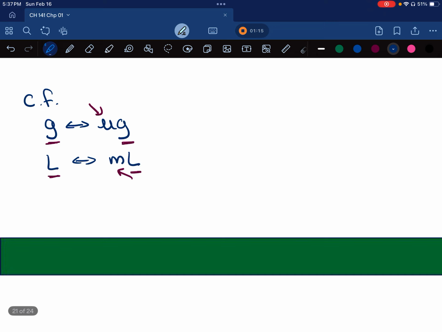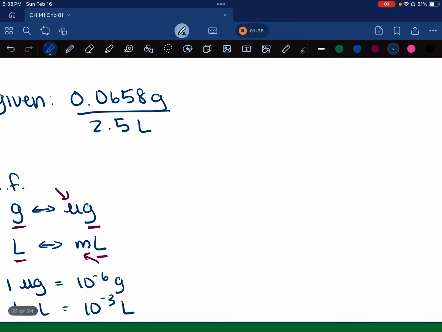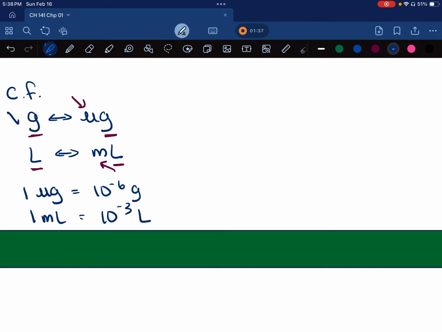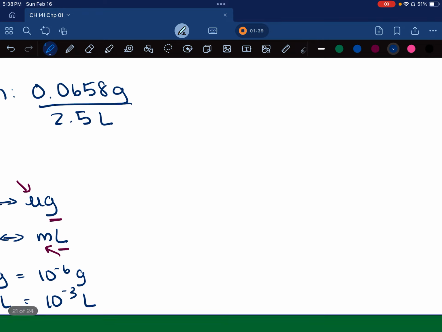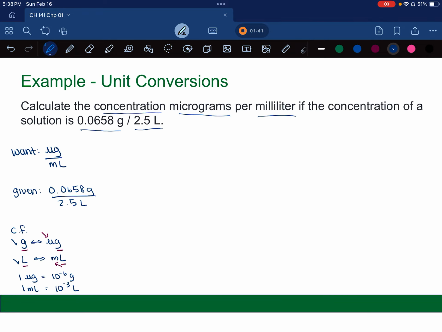Well, we know that a microgram is 10 to the negative 6, so 1 microgram is equal to 10 to the negative 6 grams, and we know that milli is equal to 10 to the negative 3, so 1 milliliter is equal to 10 to the negative 3 liters. All right, now we have ways to convert from grams to micrograms and liters to milliliters, so let's go ahead and just set up our work.